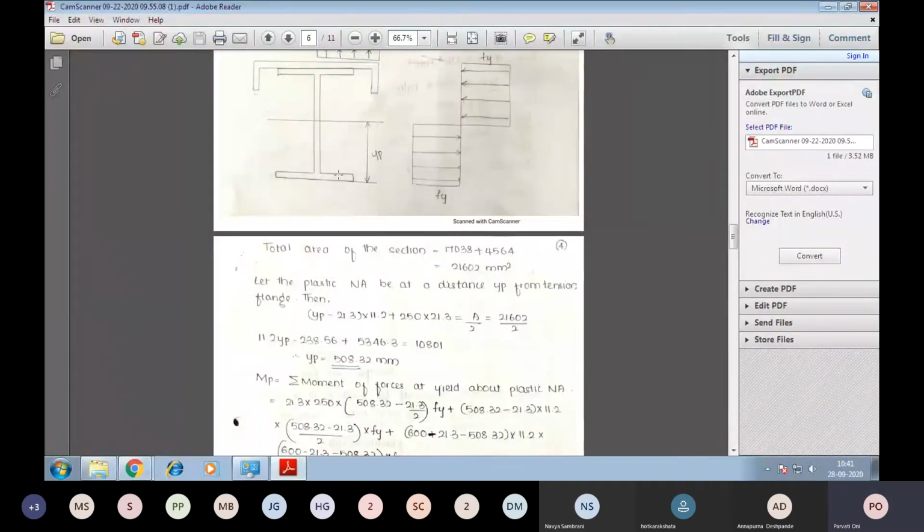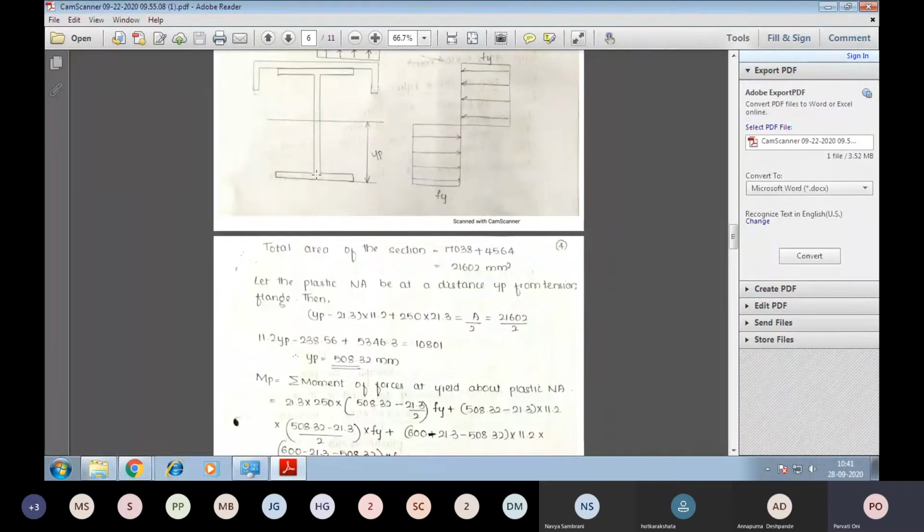It is nothing but the area of this flange, that is 250 into 21.3, into the distance between the CG of this flange and the neutral axis. The total distance I have is 508.32.